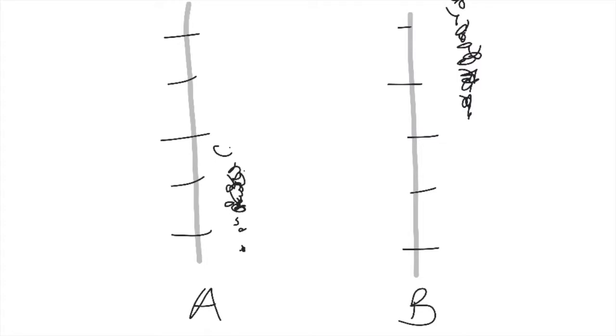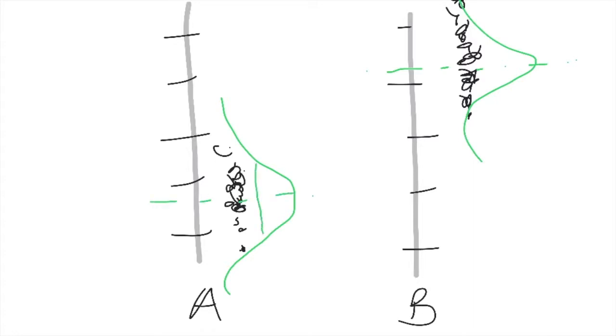You can imagine that each of these distributions is in the shape of a bell-shaped curve. What we want to do is calculate the average for each of the distributions and then the width of the distribution, which is called the standard deviation. So we want to get the means and the standard deviations.